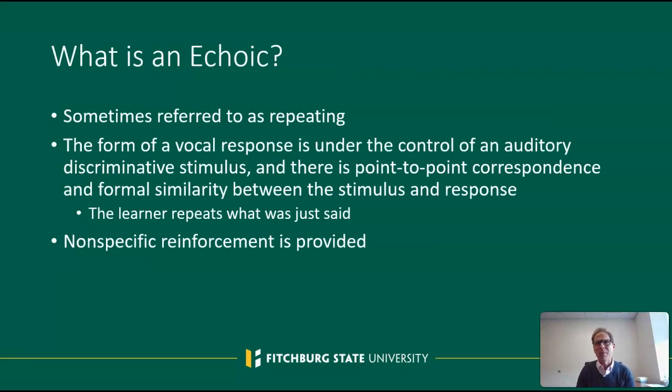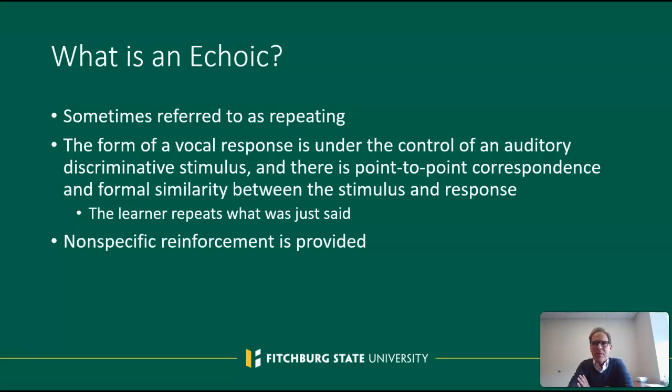All right, the third verbal operant we're going to consider is the echoic. We can think of the echoic as repeating what somebody else says. So with an echoic, the form of a vocal response is under the control of an auditory discriminative stimulus, and there is point-to-point correspondence and formal similarity between the stimulus and the response.